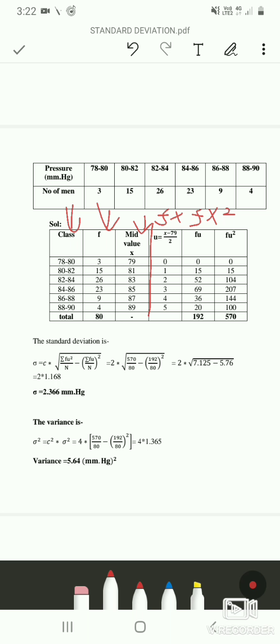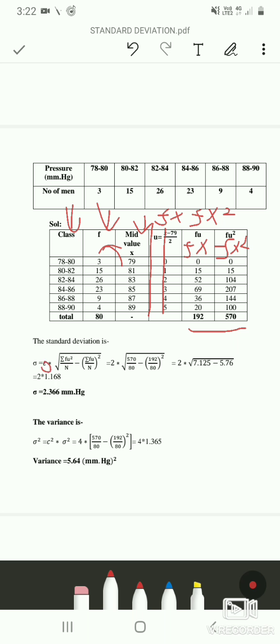So whatever you get x, multiply with f, you will get the values of fx, and instead of u you will be having fx and fx square. So square these values and multiply with f, so you will get fx square. So find out the values of summation fx and summation fx square.